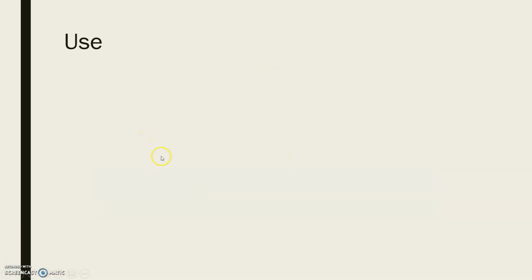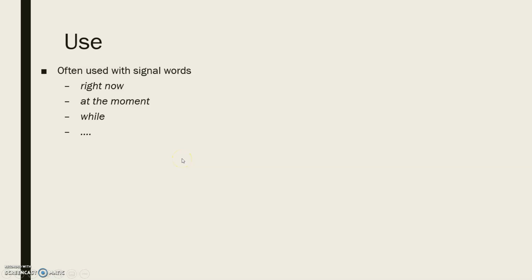Okay. Good. So there are a number of words, adverbs, bijwoorden, in most cases, which are typically used with a present continuous. So you will often find them in the same sentence as the present continuous. Signal words, signaalwoorden. For instance, right now, at the moment, op dit moment, nu, or also while.